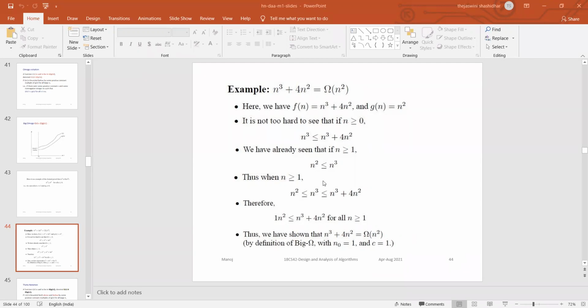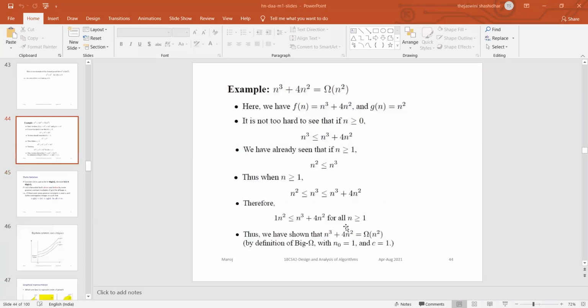Okay. So this one you have to use. Next you go with some other problems, but you go with this particular example.